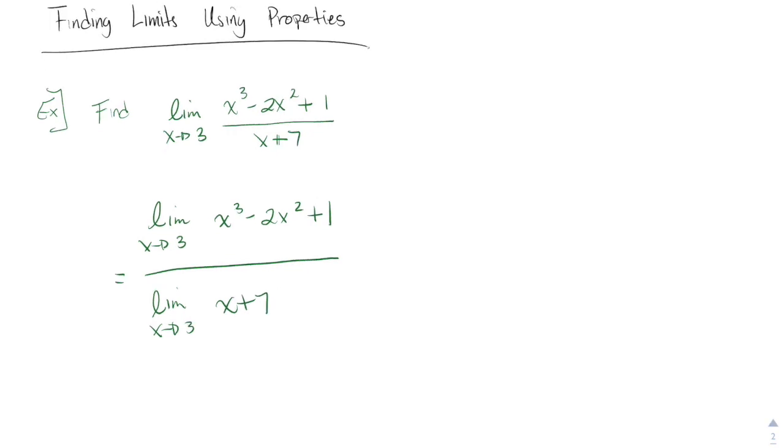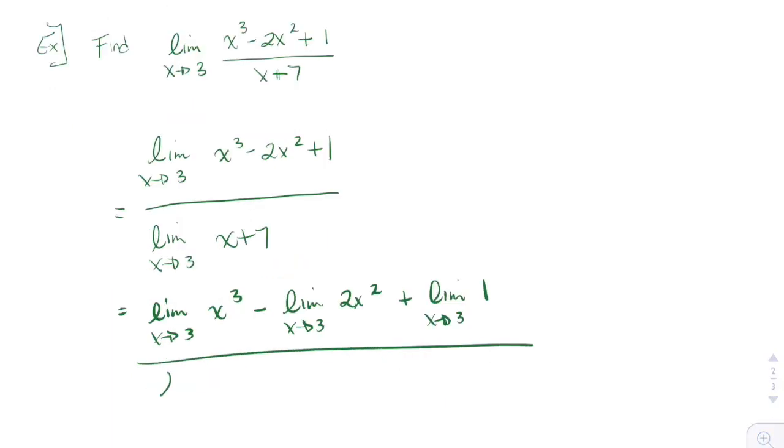Now I'm going to use the addition and subtraction, so this is going to be the limit as x goes to 3 of x to the third minus the limit as x goes to 3 of 2x squared plus the limit as x goes to 3 of 1 all over the limit as x goes to 3 of x plus the limit as x goes to 3 of 7.